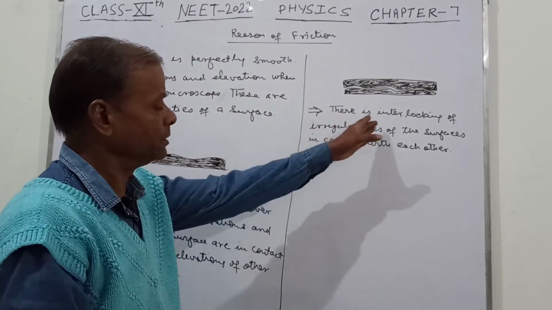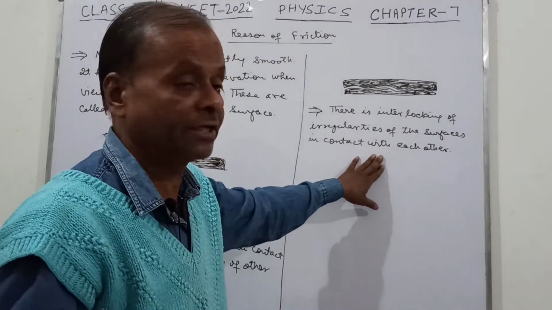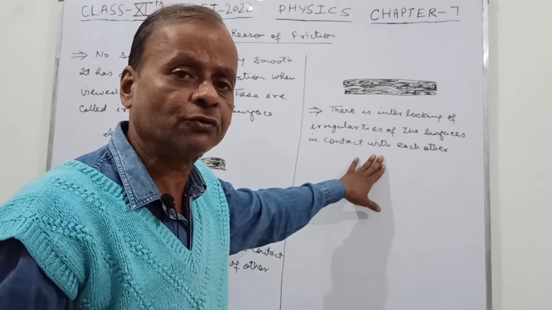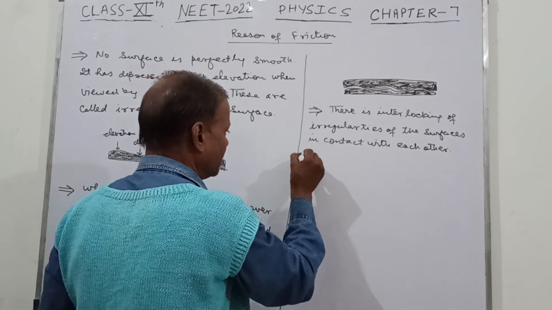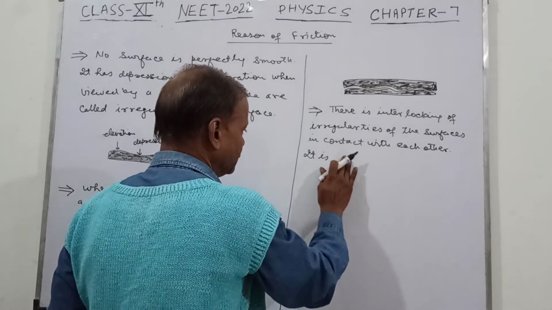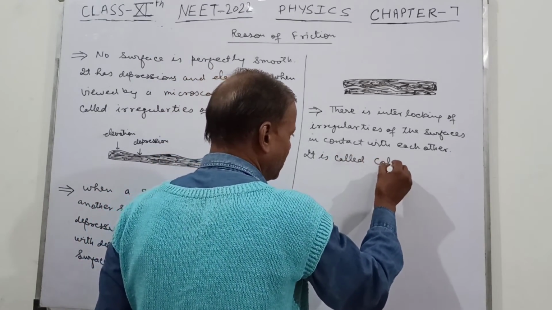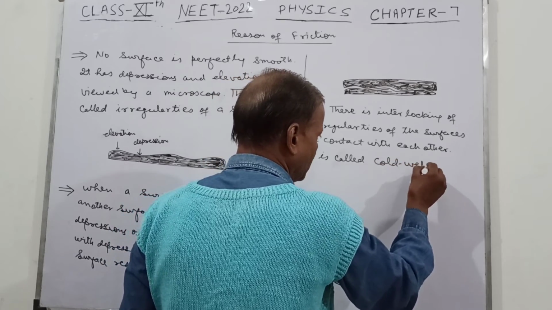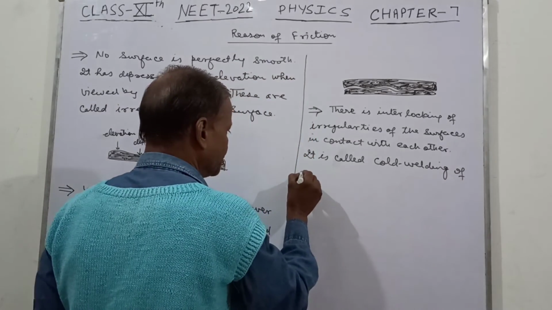It is what we call the interlocking of irregularities of the surfaces in contact. It is also called the cold welding of surfaces.